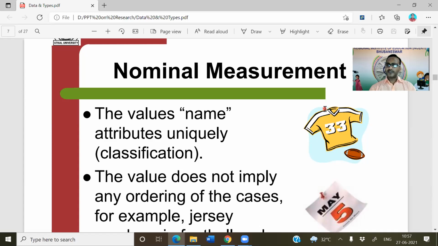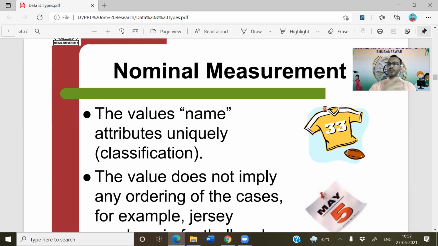What it indicates is that it gives your identification. So your name cannot be used for any kind of quantification, any kind of ordering. A teacher cannot order you on a certain skill, on a certain variable, on the basis of your name.